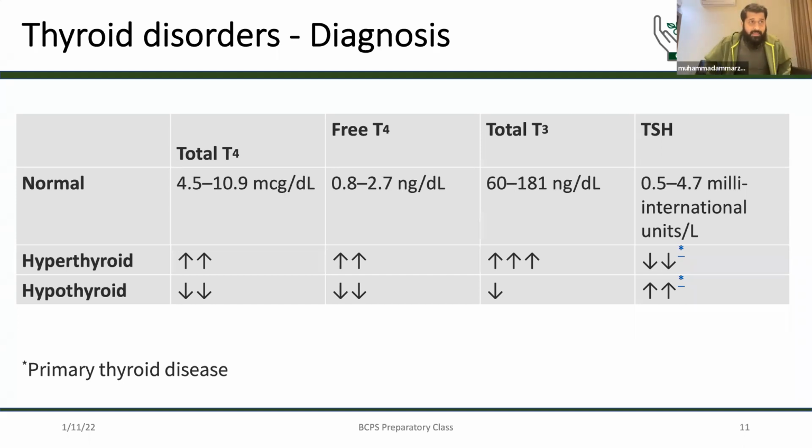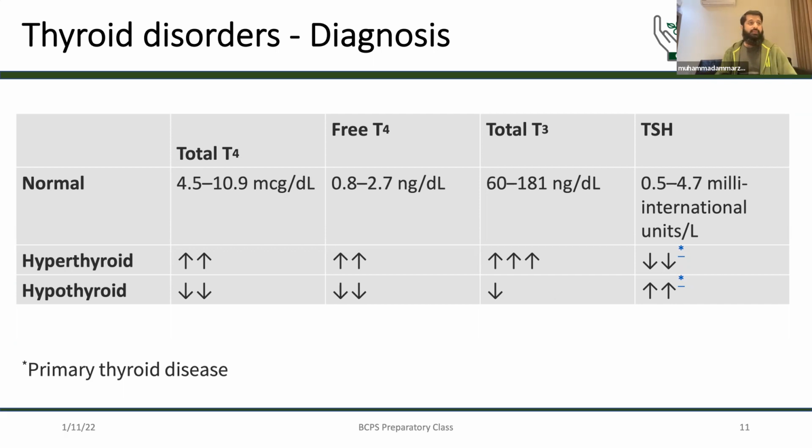But keep in mind that we are only talking about primary thyroid disease. That means that the problem is with the secretion of the thyroid gland itself. There is no problem in the pituitary, because if there is a tumor or adenoma of the pituitary, it would release a lot of TSH, and the hypersecretion from the thyroid gland is due to the hypersecretion of the TSH.